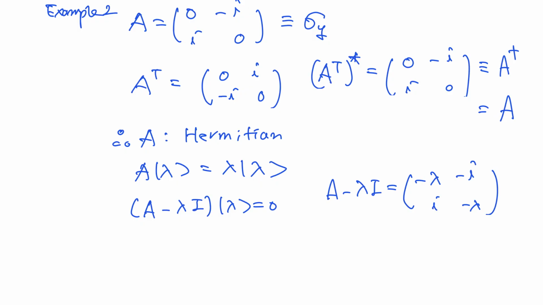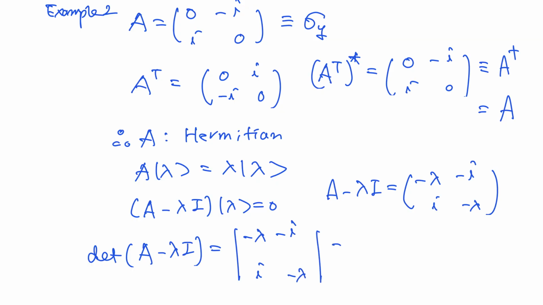So what is the determinant? Determinant of A minus lambda I is lambda squared minus i squared, and i squared is minus 1, so it's lambda squared minus 1 equal to 0. So lambda is again plus and minus 1. Lambda 1 is 1, lambda 2 is minus 1.